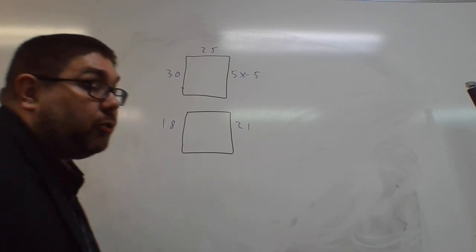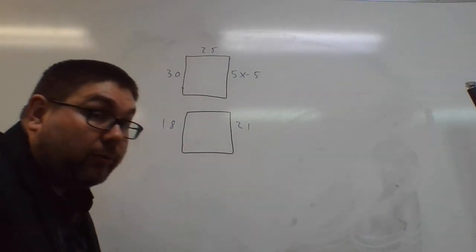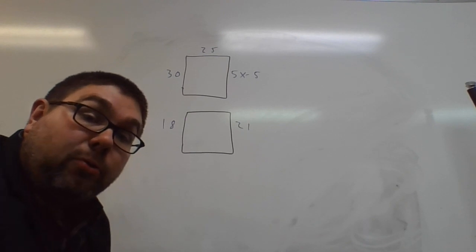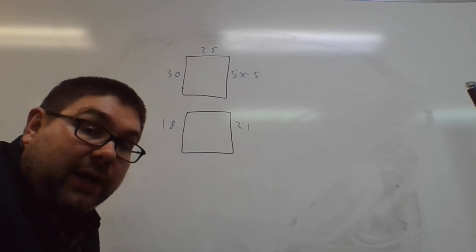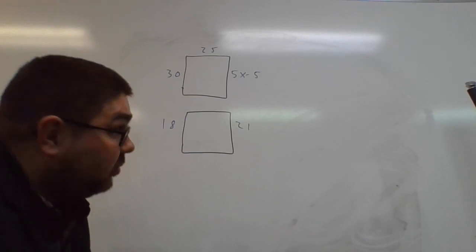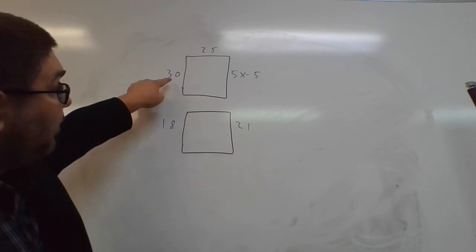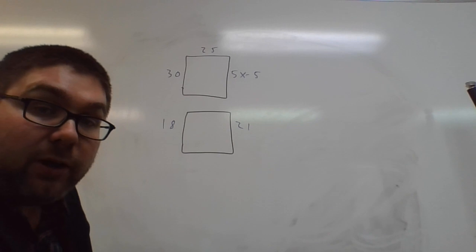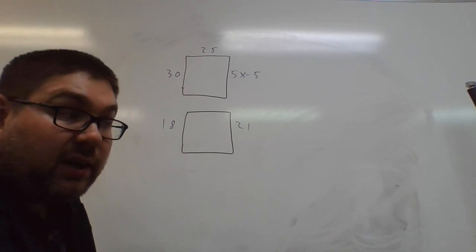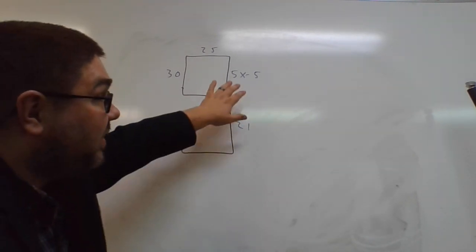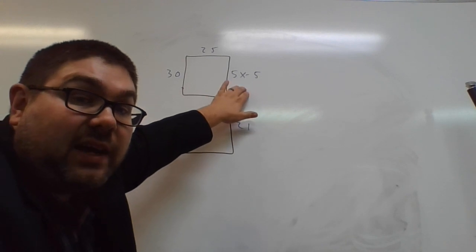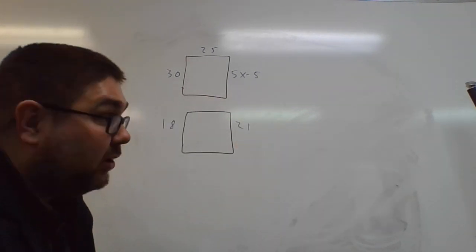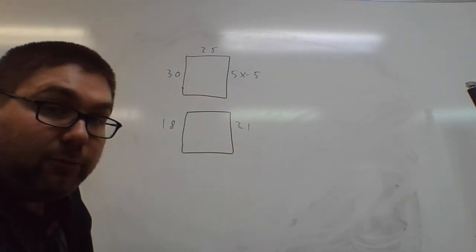Okay, there are actually two ways you can do this, but I'm only going to do it one way. You can do what we did last time, and you can do something like 30 over x equals 18 over 21, solve for x, and then solve for this side, and then put it in an equation, 5x minus 5 equals blank.